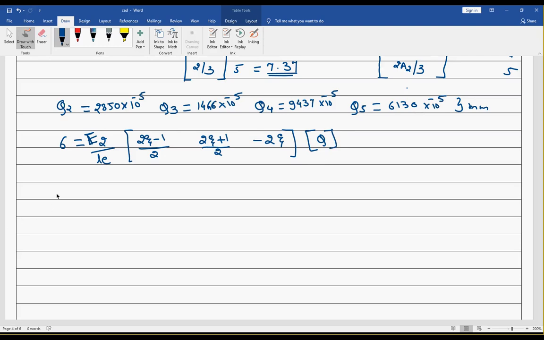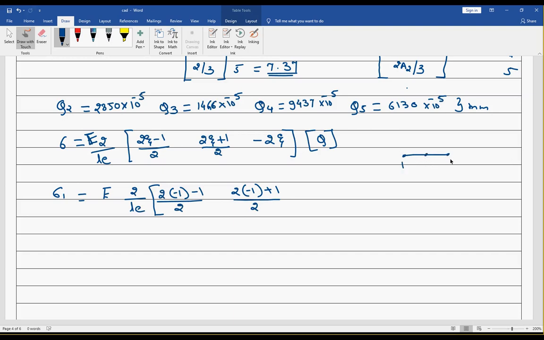So how do I get sigma 1? Sigma 1 is E, that is 2 into 10 to the power 5, times 2 by LE. It is at node 1, so my xi value is minus 1. So 2 xi minus 1 by 2 gives minus 1 plus 1 by 2, because at the beginning the value is, so this is the element.